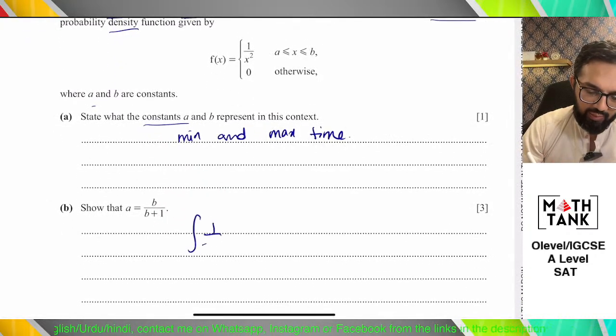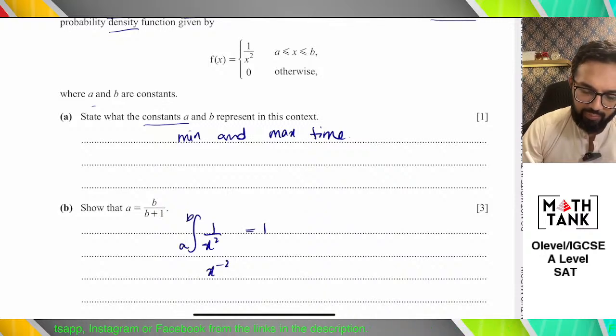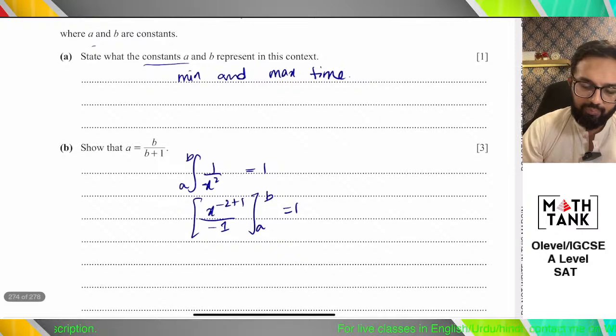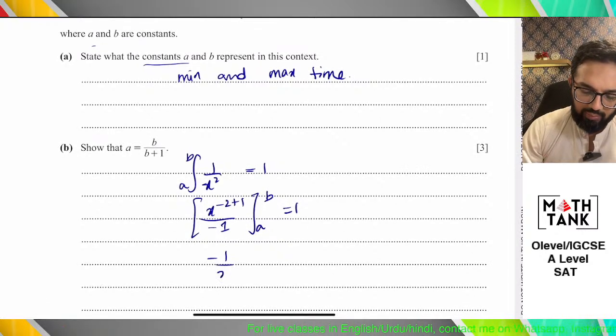So I'm going to integrate from a to b and say that that is equal to 1. So x to the power of minus 2 plus 1 over minus 1, from a to b, equals 1. That's minus 1 over x from a to b.